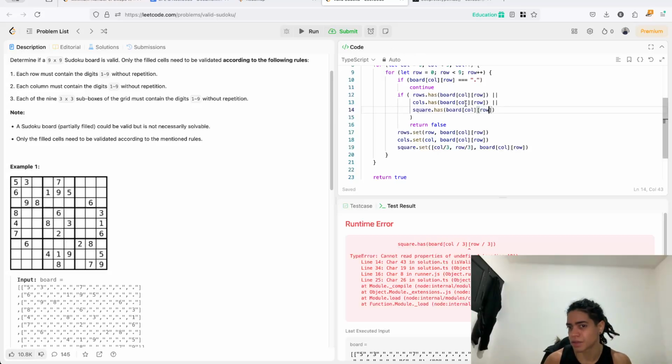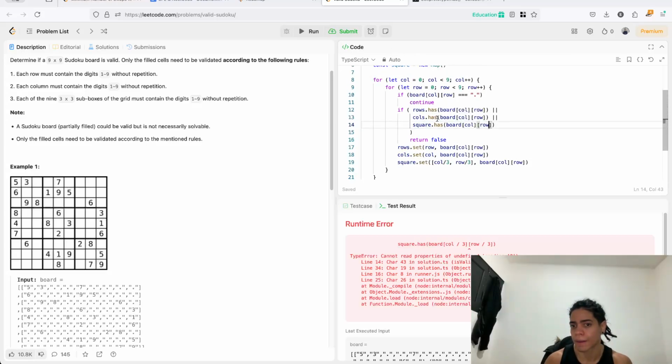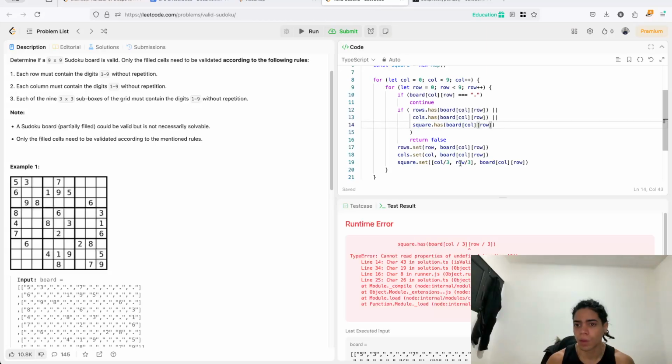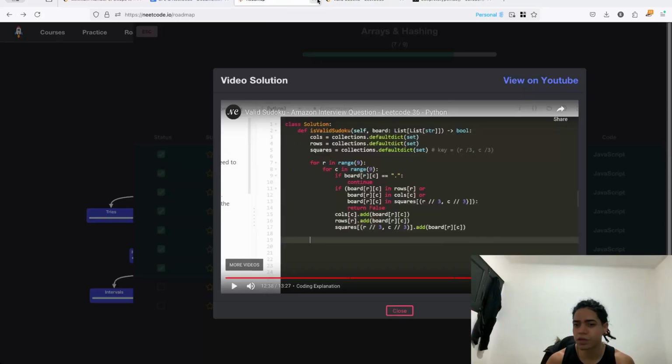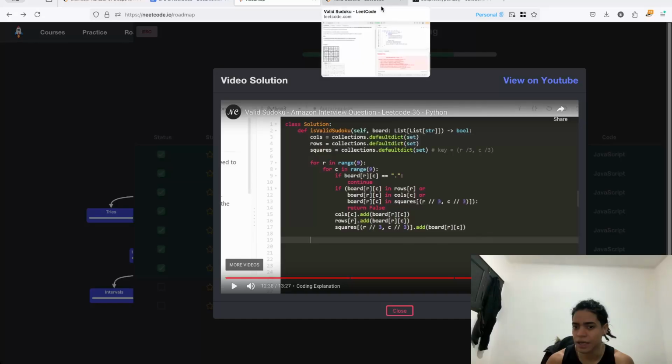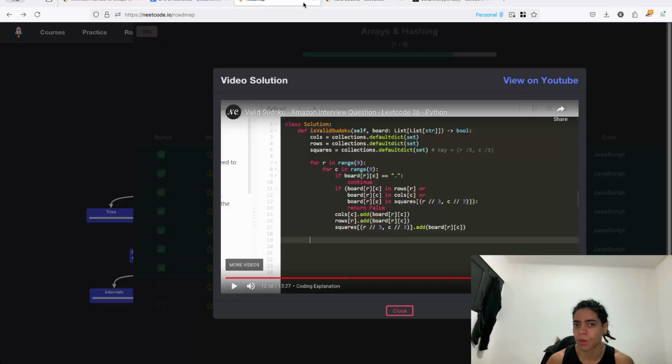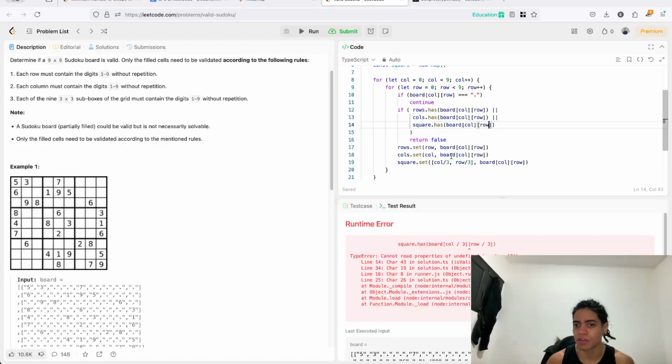This is something that is not going to work. It's because I need to check that as a tuple. As a tuple, I need to check that.